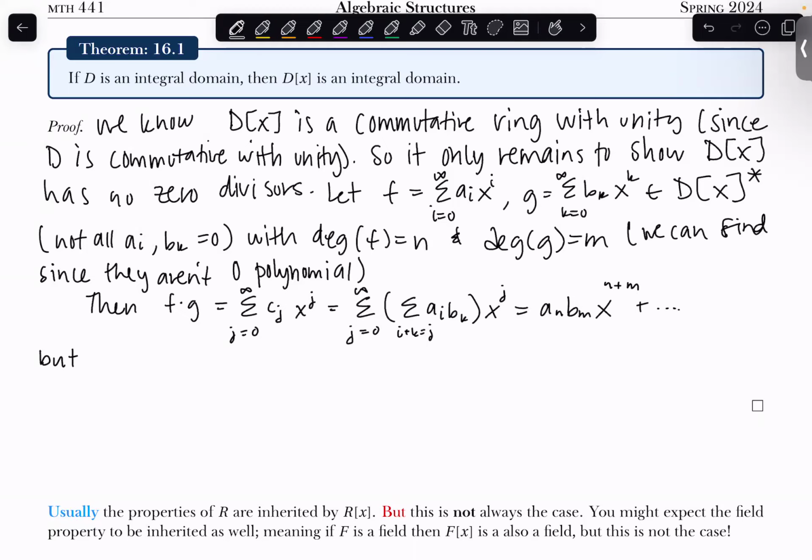What is a leading coefficient not allowed to be? It can't equal 0. So if my leading coefficient is 0, it's not actually the leading coefficient there, right? It has to be the largest one that's not equal to 0. So because these are the leading coefficients of these two non-zero polynomials, then a sub n and b sub m cannot equal 0.